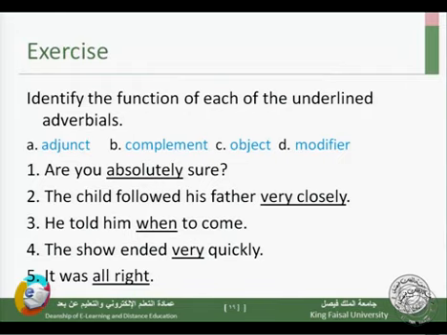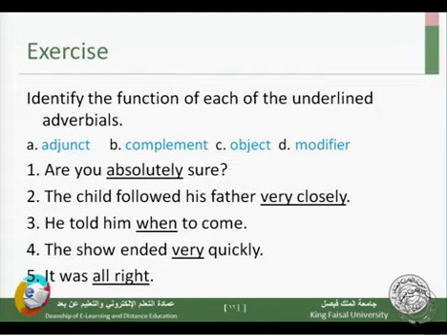We can say are you sure, but are you absolutely sure? Absolutely gives us more information about, or it confirms the adjective sure. So here absolutely is a modifier of the adjective sure. We said there are a number of ways that adverbs can modify different word classes. In this case it modifies an adjective.